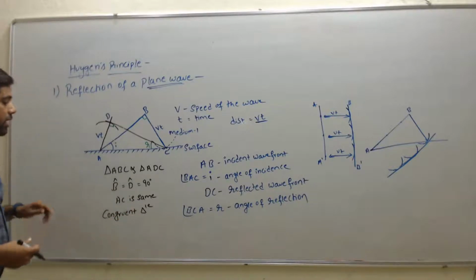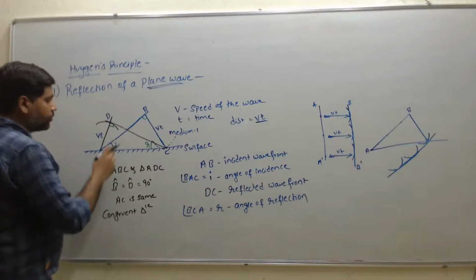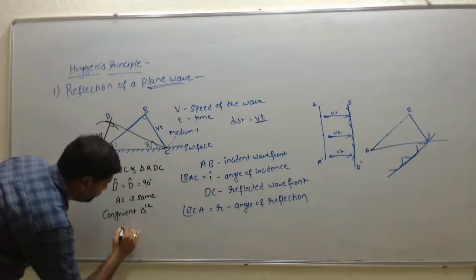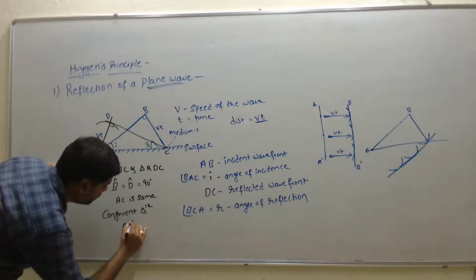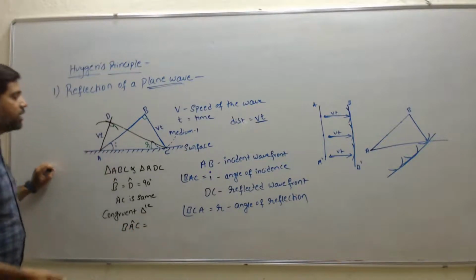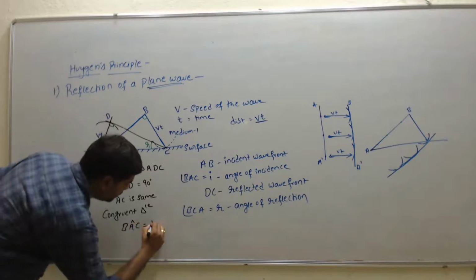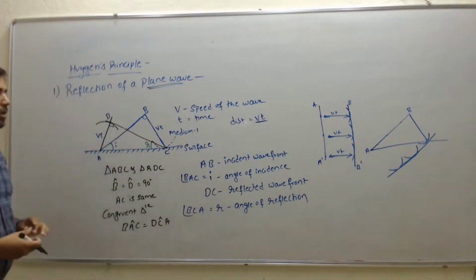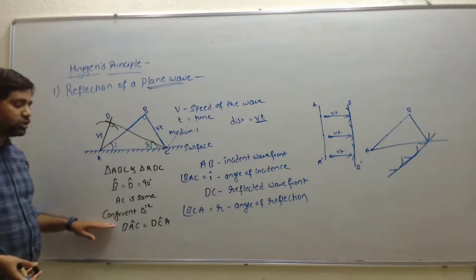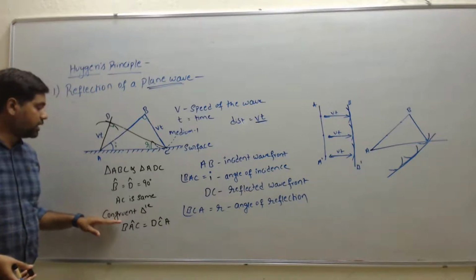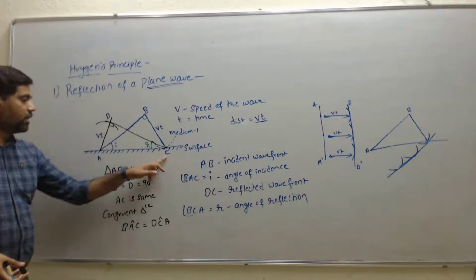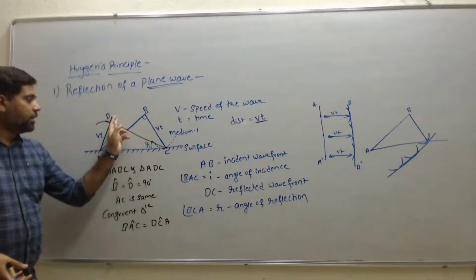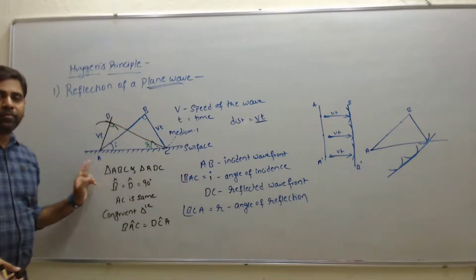So from the congruent triangles, the other angles, angle BAC is equal to angle DCA. This is from geometry. From congruent triangles, angle BAC is equal to angle DCA.